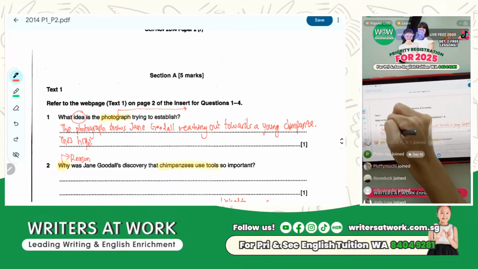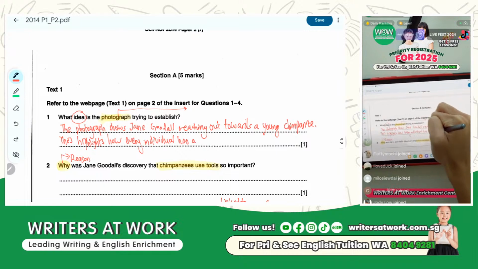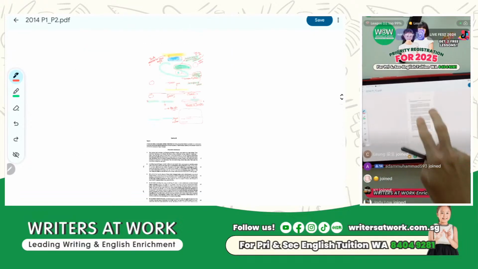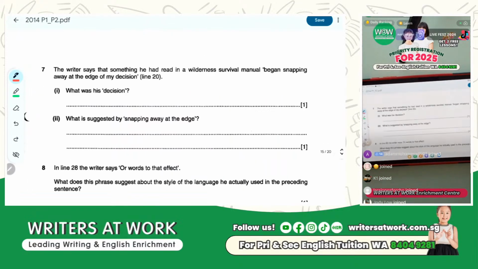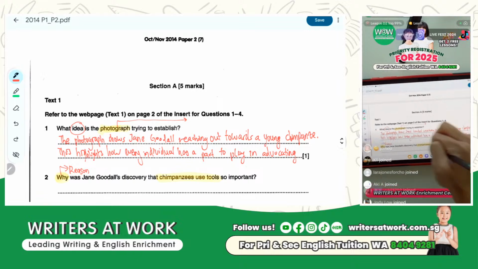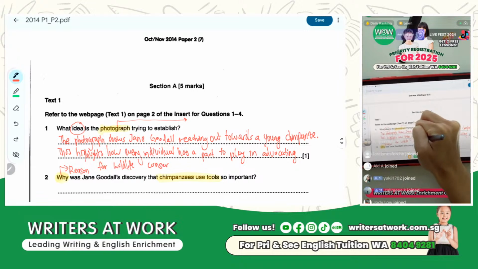This highlights how every individual has a part to play in reaching out to animals and helping them. Okay, what did I write here? You can say in advocating for wildlife conservation actually. Or you can say in reaching out to animals.